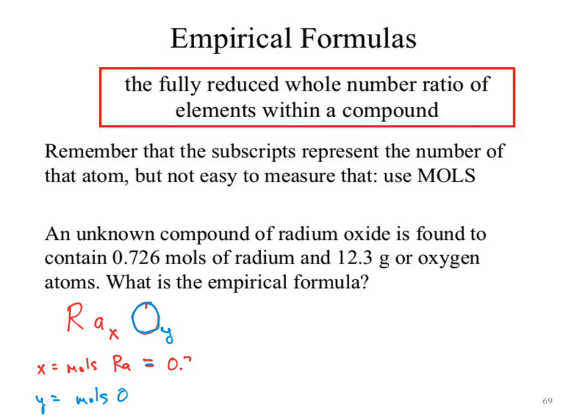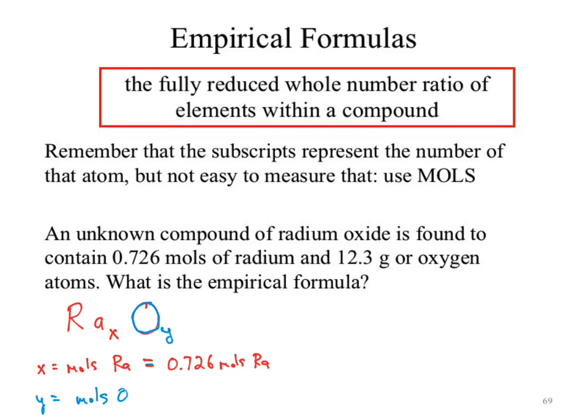X is 0.726 moles radium. Cool. Am I given the moles of oxygen? No. Well, can my chemical formula be in grams of oxygen? No, the chemical formula gives moles. That's the point of the chemical formula.